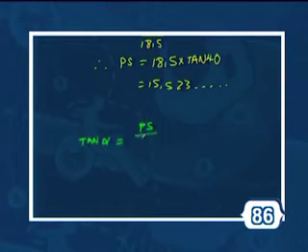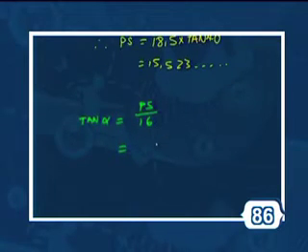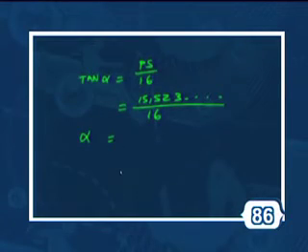So I've got tan alpha equaling PS over 16. In order to work out the value of alpha, I now need to write down my ratio. We kept all the digits of PS in the calculator and we're going to use them as they are. We're going to divide that by 16. And because we're looking for the angle, we're going to start with the shift button on the calculator.